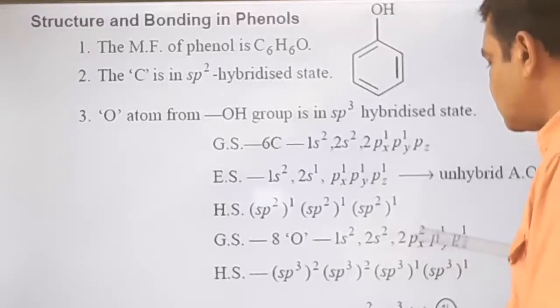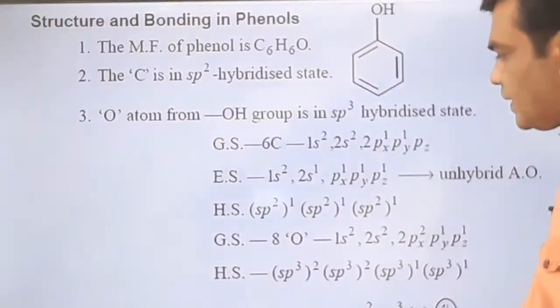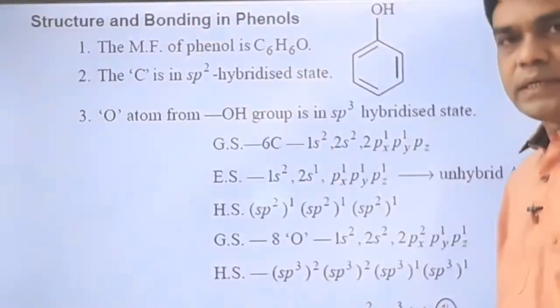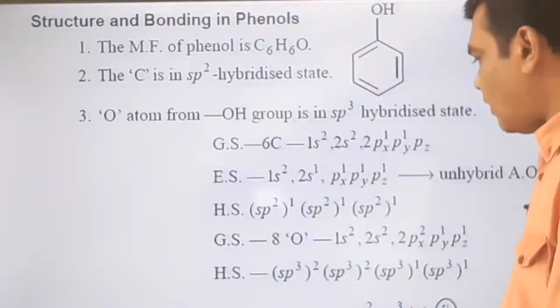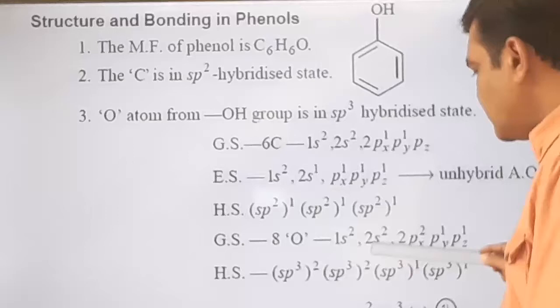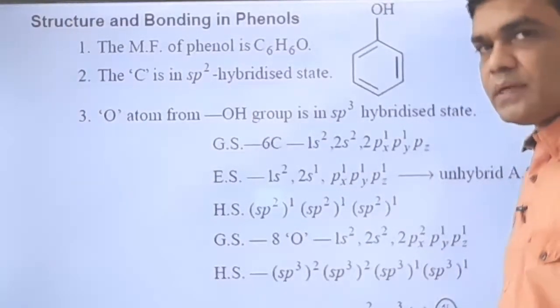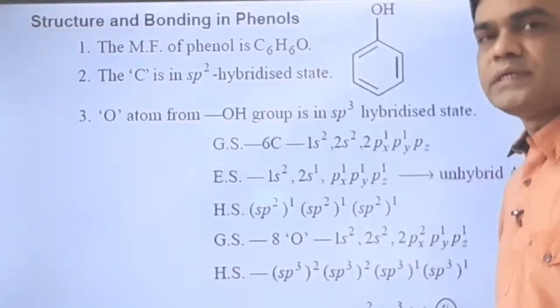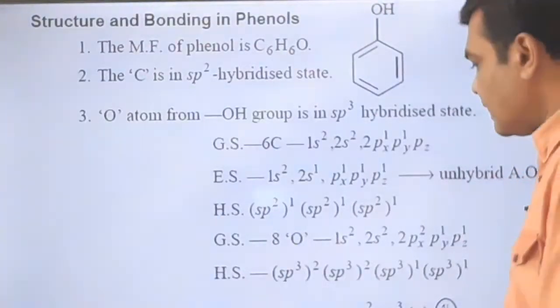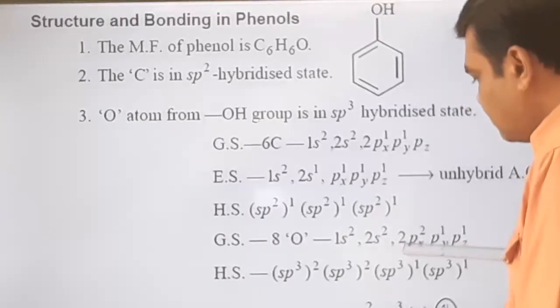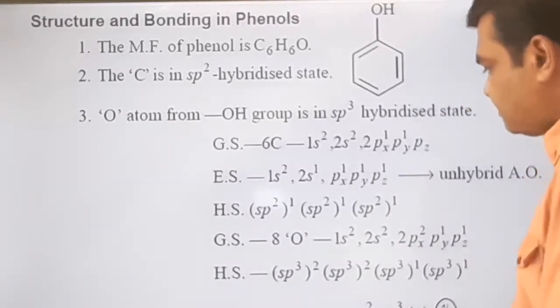In the hybridization state, there is a mixing of 2s, 2px, 2py and 2pz, because as I already told you, oxygen is sp3 hybridized. So it is the mixing of the 2s atomic orbital with 2px, 2py and 2pz.